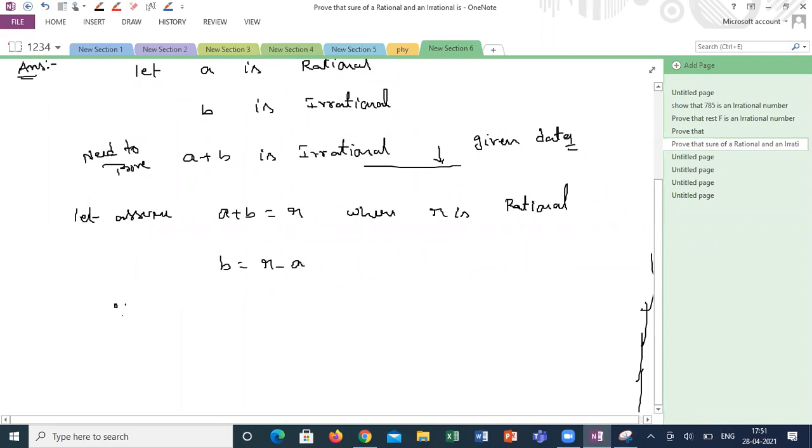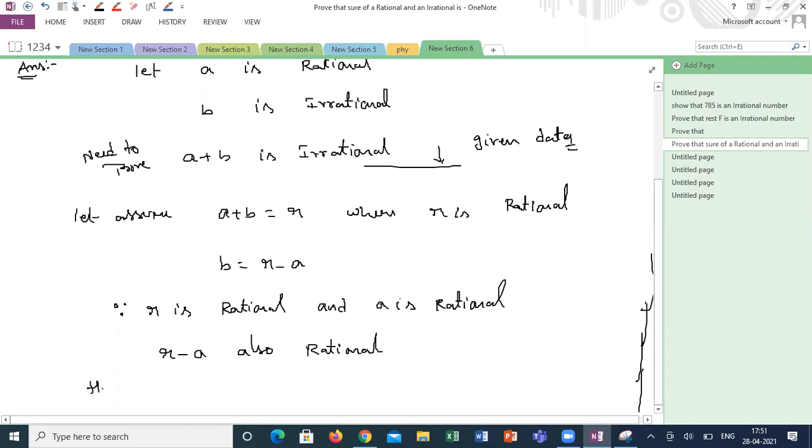Since R is rational, it is my assumption, and A is rational, it is given, so R minus A is also rational. Will you agree with me up to here? Yes, sir.